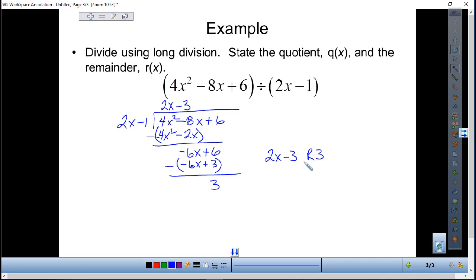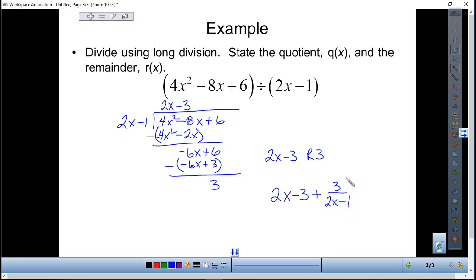Now the other way that you can do this is you can write it much like that fraction thing we were talking about, and to write the entire quotient that includes everything, you would do 2x minus 3 plus remainder over divisor. So plus 3 over 2x minus 1.